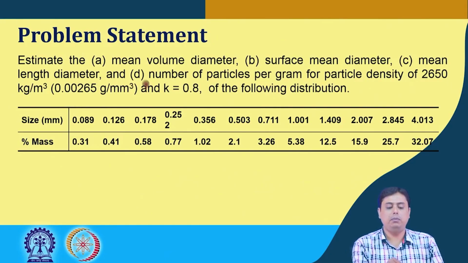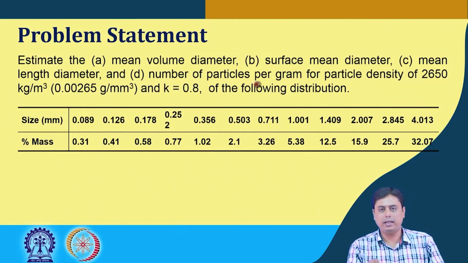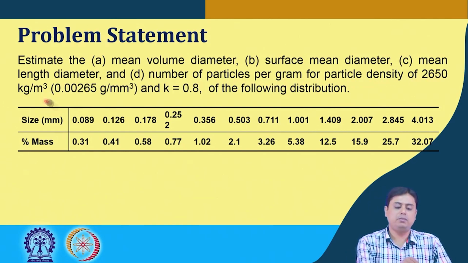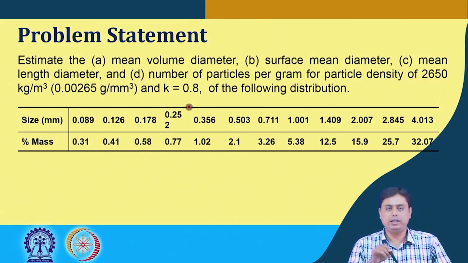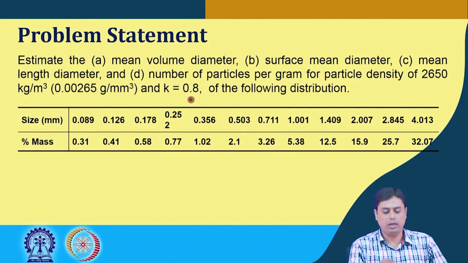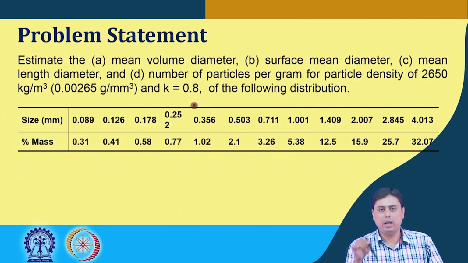And then the last part of this problem asks for the number of particles per gram, for a particle density of 2650 kg per meter cube and a shape constant of 0.8. So, how do we find the total number of particles?